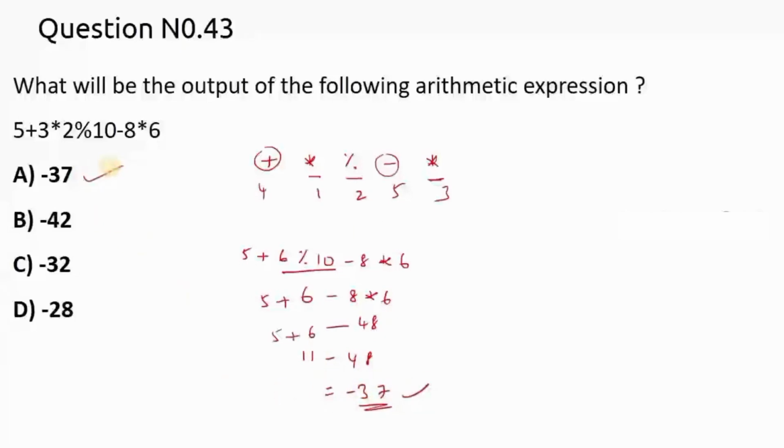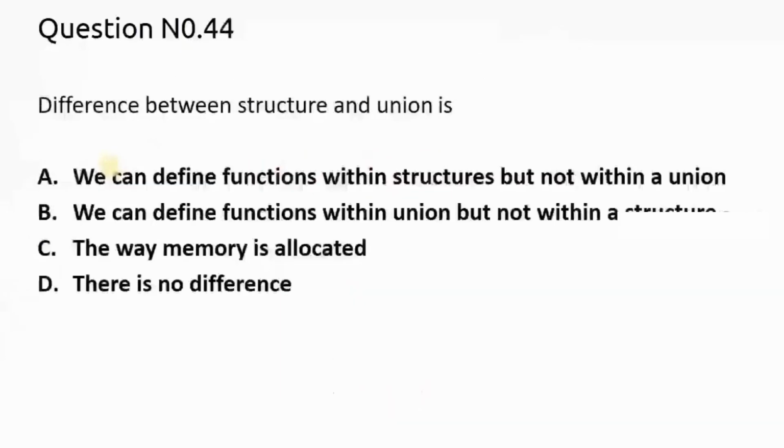Option A is the correct answer. So this is a theory question: the difference between structure and union. Of course D is not the right answer, there is no difference. We can define functions within structures but not within a union. We can define functions within union but not within a structure.